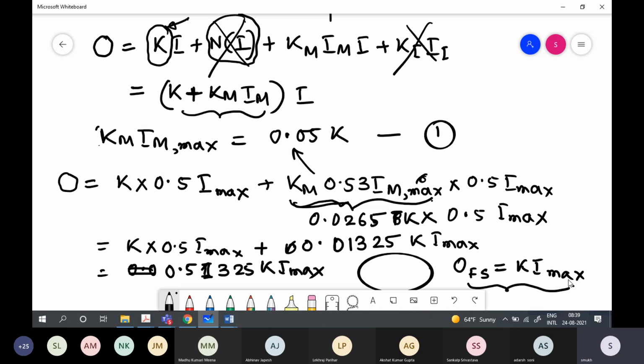So now this is the answer: O maximum is 0.51325 times O_FS. Right, so is this clear now? So one value we have obtained.